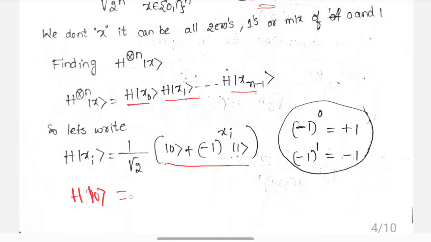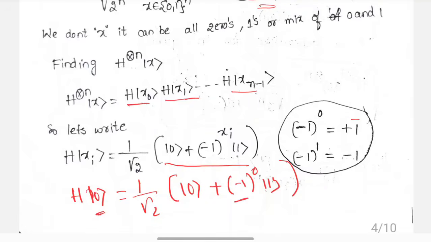For example, H of ket 0 gives 1 by root 2 of ket 0, and the minus sign I write as minus 1 to the power of the qubit value, times ket 1. If the qubit is 0, obviously it becomes plus 1, so plus plus, there is no change. If it is ket 1, the power changes and it results in a minus here. Here you will get minus 1.